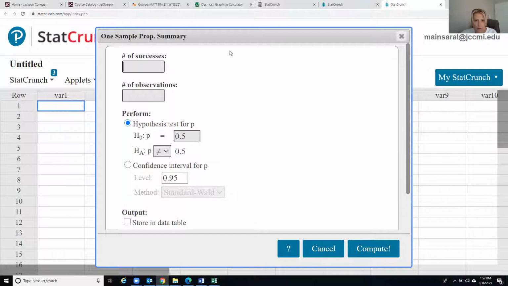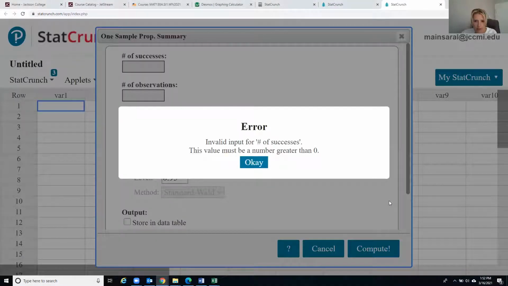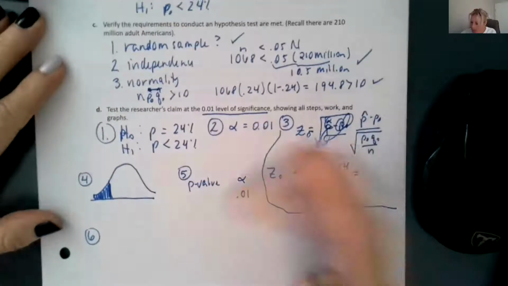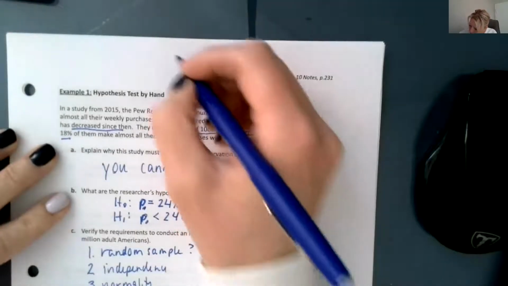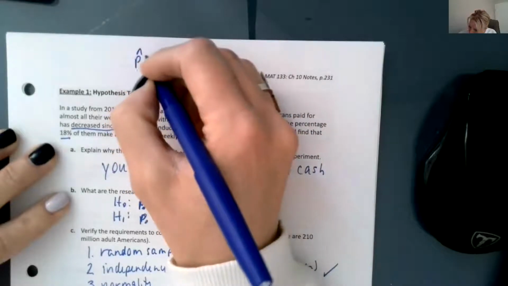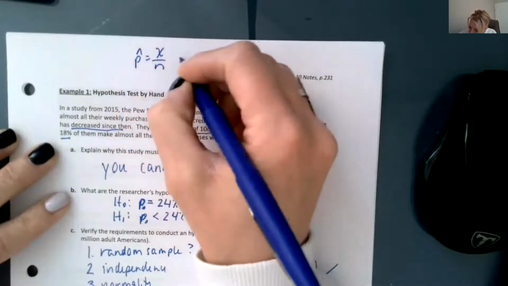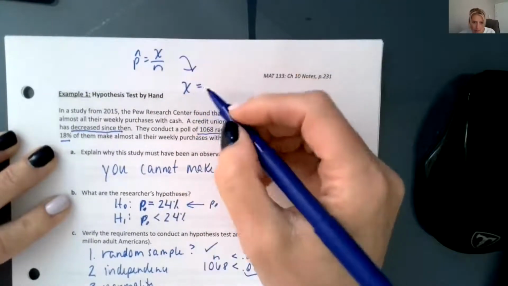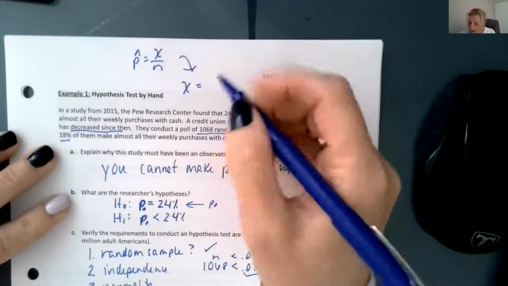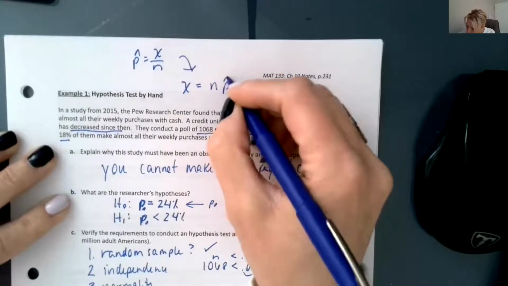So we need to go back for just one moment and calculate this together. We need to find x because we only know the percent and n. Remember that p hat is equal to x over n. Earlier in chapter 9 we said we can solve for x by taking n and multiplying by p hat.